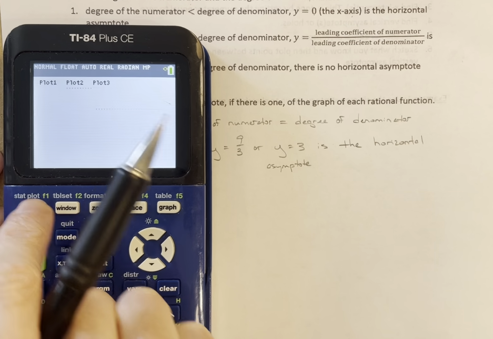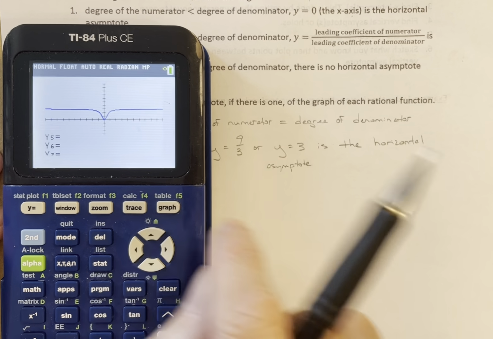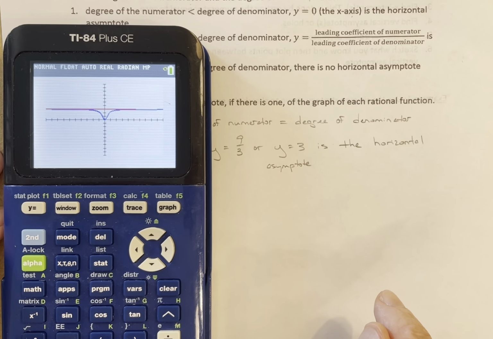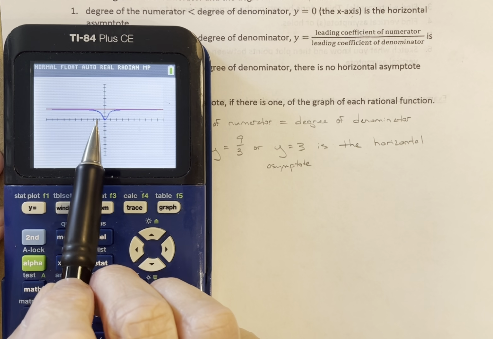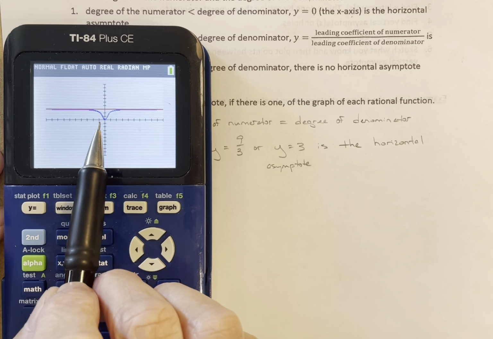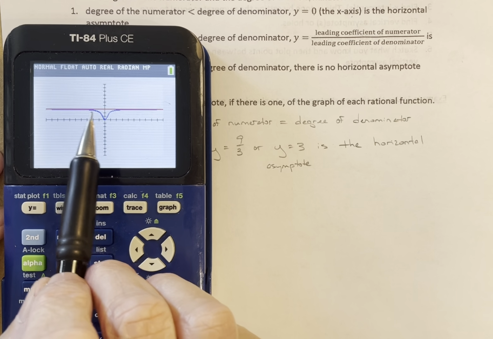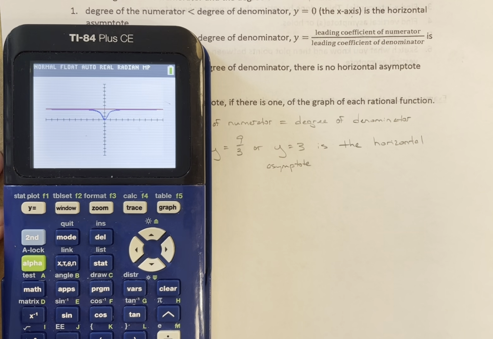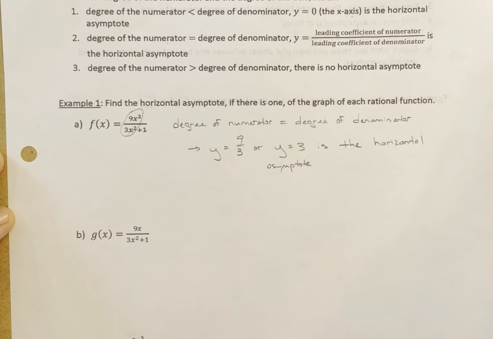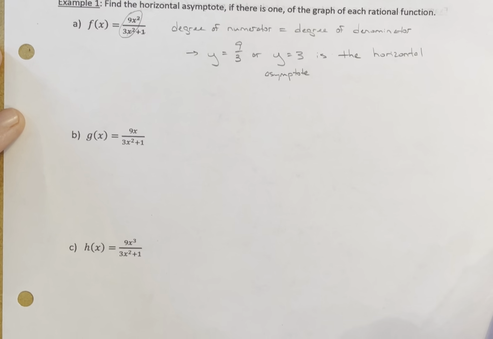If I go into y equals and put in y equals 3 as equation 2, you'll see that line right there is hovering just above it. This curve, this graph that comes in, looks a bit like a bird's wings. It is being shaped by this horizontal line. In this case, it doesn't cross it. So that's what you see when the degree of the numerator equals the degree of the denominator.